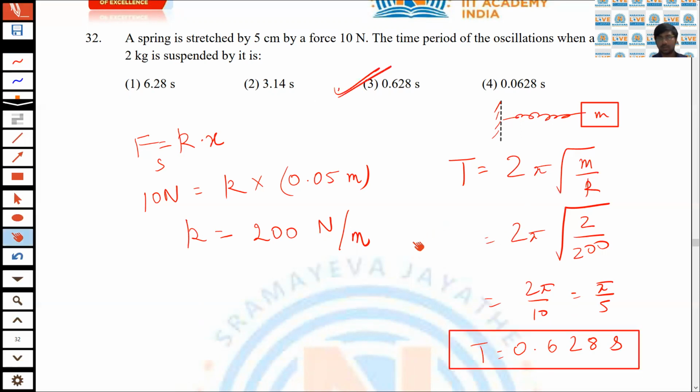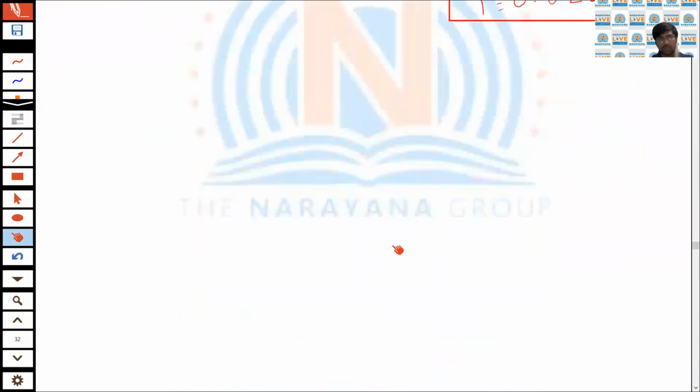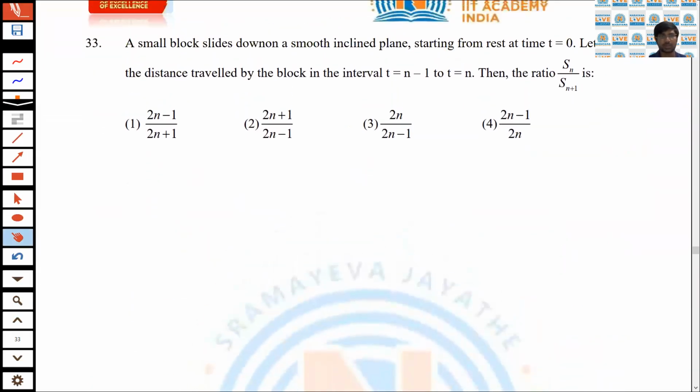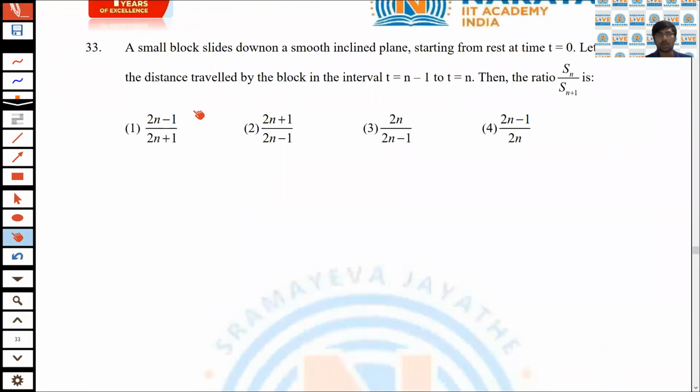All right. Now let's come to the 33rd question. A small block slides down a smooth inclined plane starting from rest. So starting from rest implies that u is equal to 0. Now Sn be the distance traveled by the block in t equals n minus 1 to t equals n seconds.